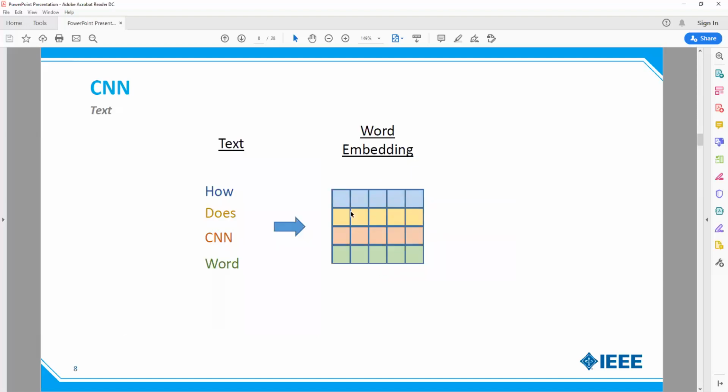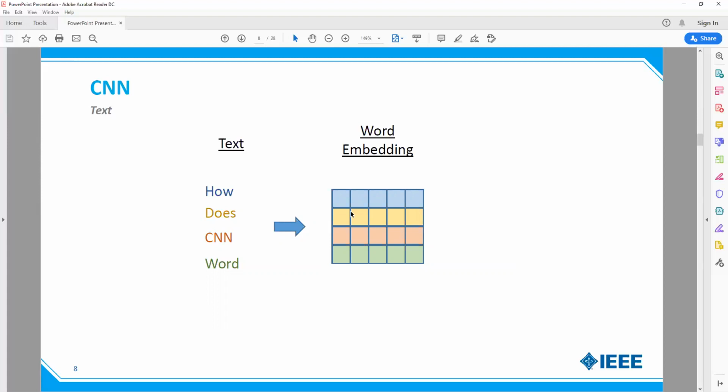Now, in the case of CNN for text, as we recall from last week's session, the raw string of a text is not compatible with the neural network model.